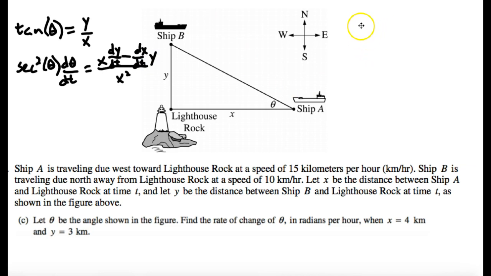So we know that x is 4. We know that y is 3. We know dx dt, from the last part of the problem, we already figured out that dx dt was this negative 15. We know dy dt is 10.